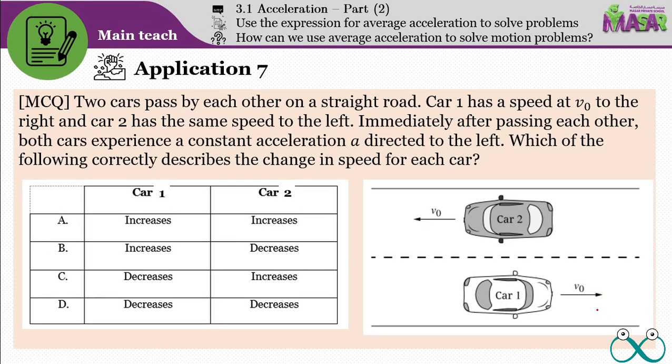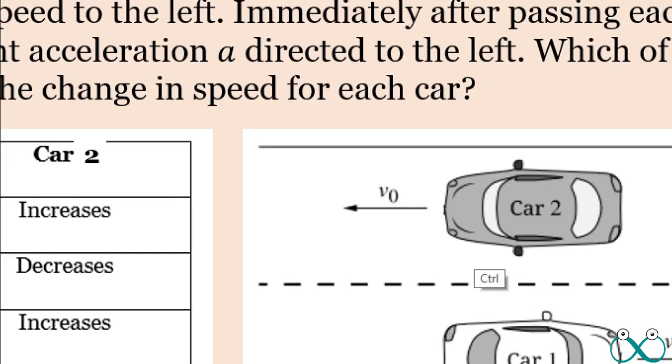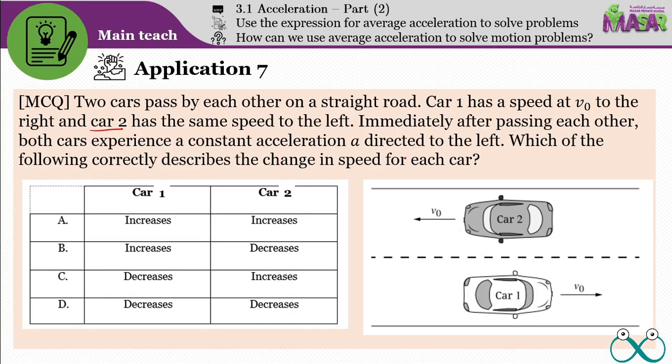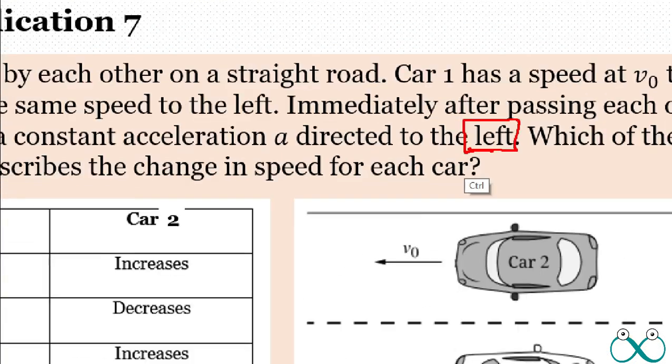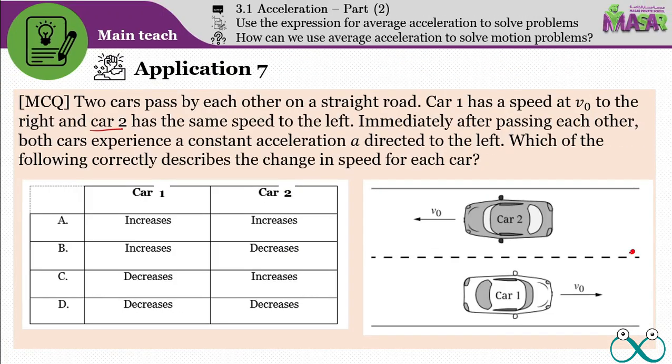And we have another car, car 2, with the same speed but now to the left. So velocity here is to the left. The direction of motion is to the left, which means the car is moving to the left. Immediately after passing each other at this moment, both cars experience a constant acceleration directed to the left. So let me draw this acceleration vector to the left.